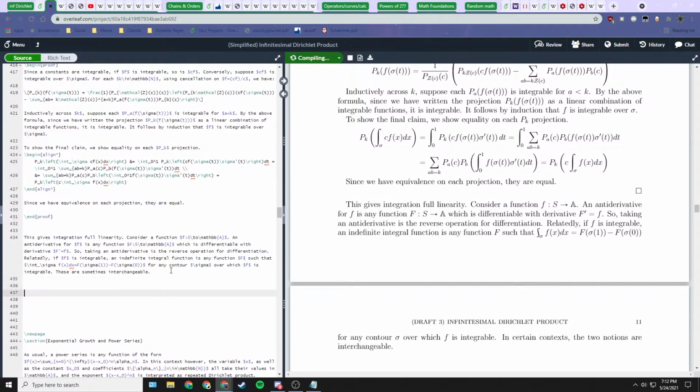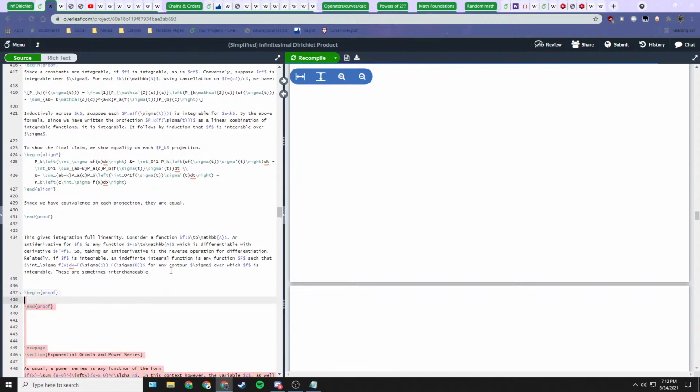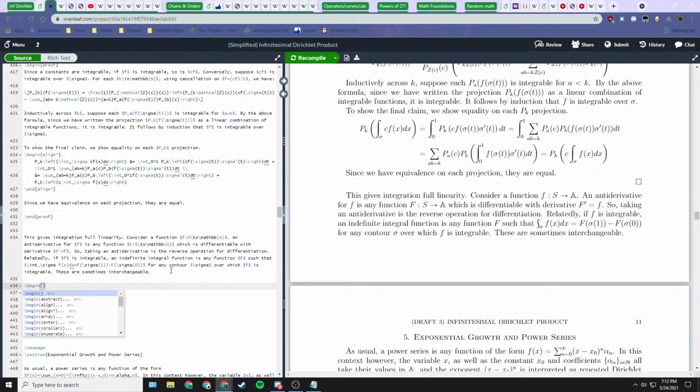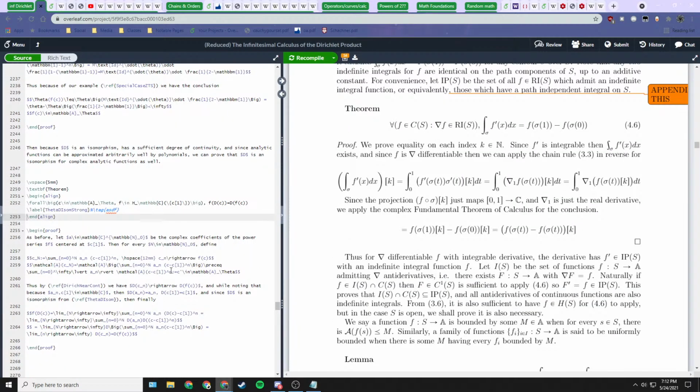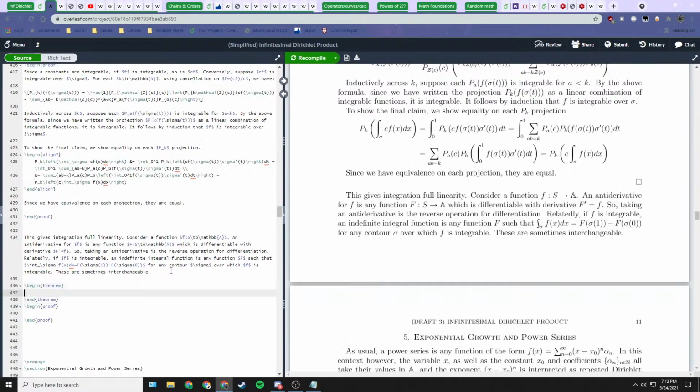So our first one: the integral of a derivative.